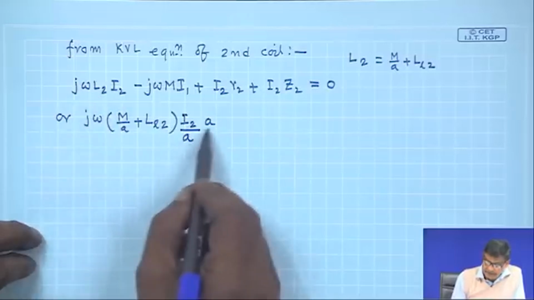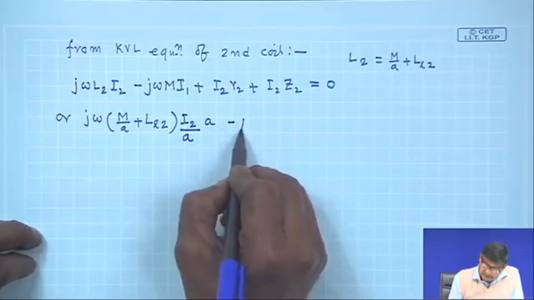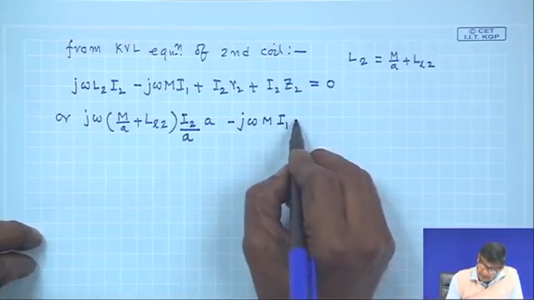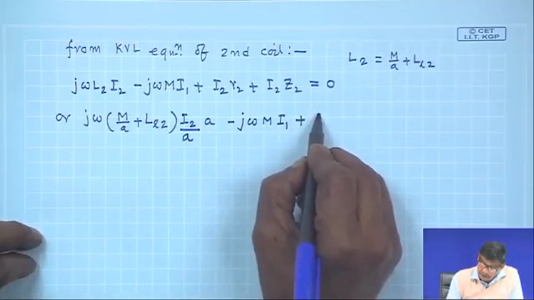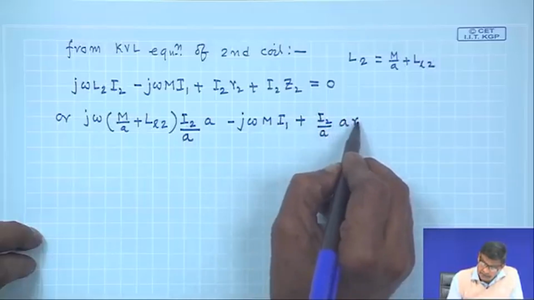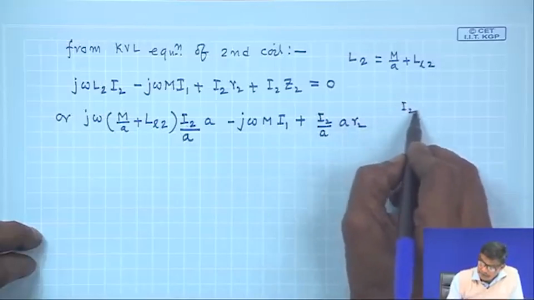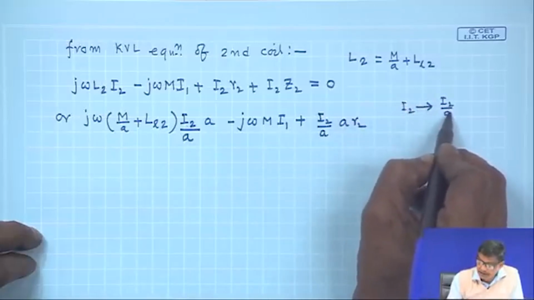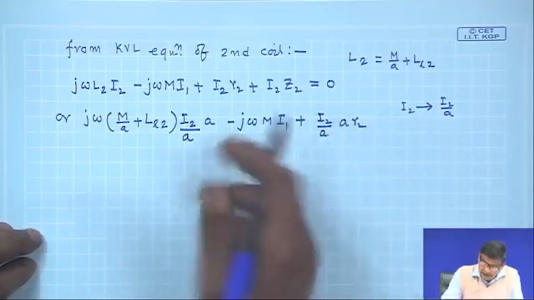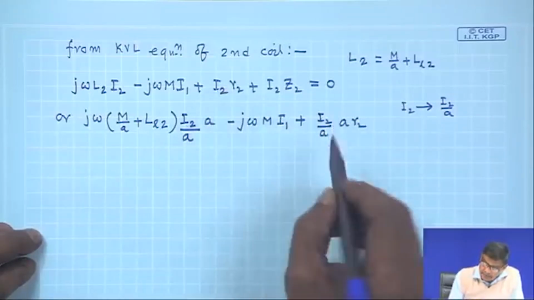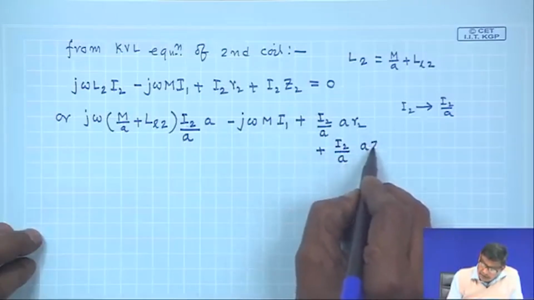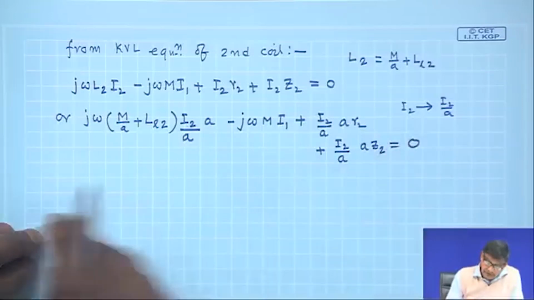So, this term is this term, minus j omega M I1, and then plus I2, once again do like this, I2 by a into a R2. Wherever I2 is there, try to modify it to I2 by a, but you cannot just divide by a. If you divide, you have to multiply by a. That is exactly what I am doing. So, plus I2 by a into a Z2, and this is equal to 0.